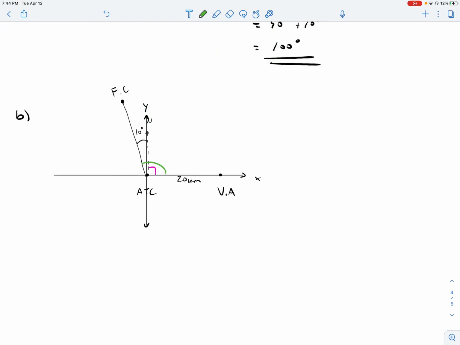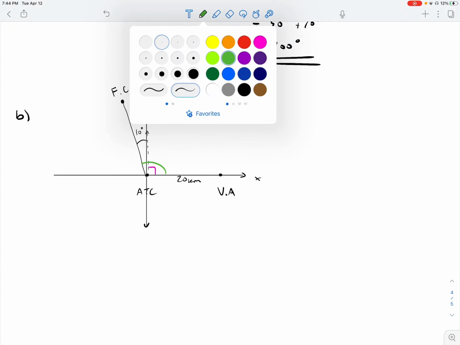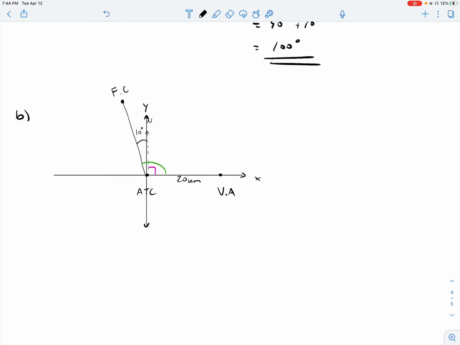So is this a unit circle? That means I need to draw a circle through here. I'm going to make this go up a little bit higher. I'm going to draw my unit circle through here. So that's -1 here.